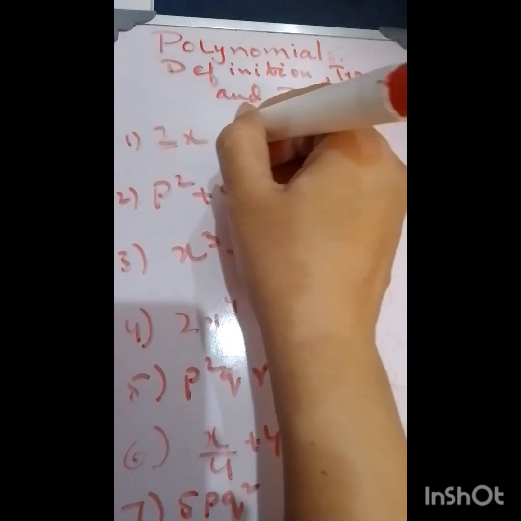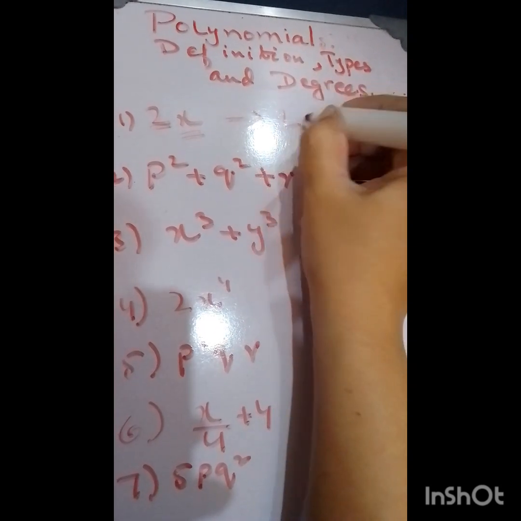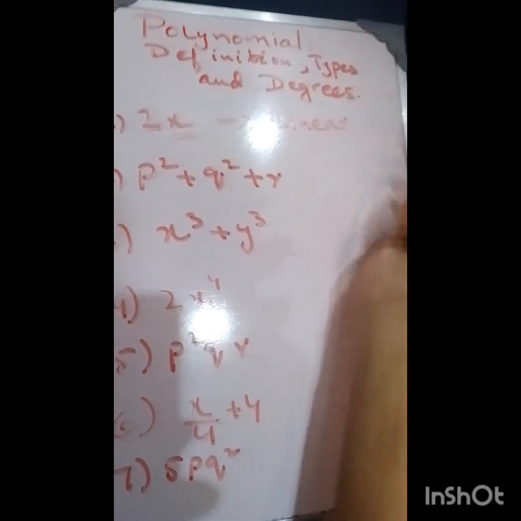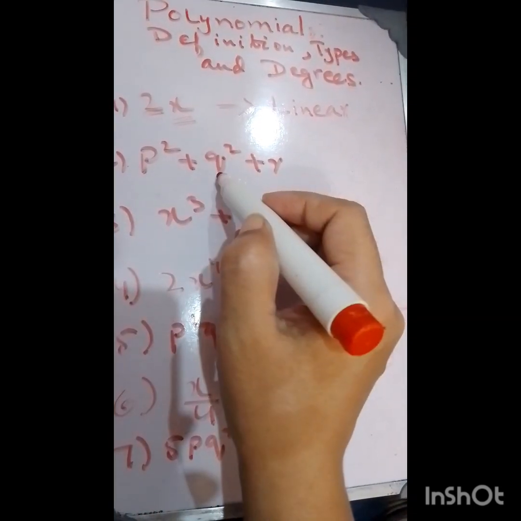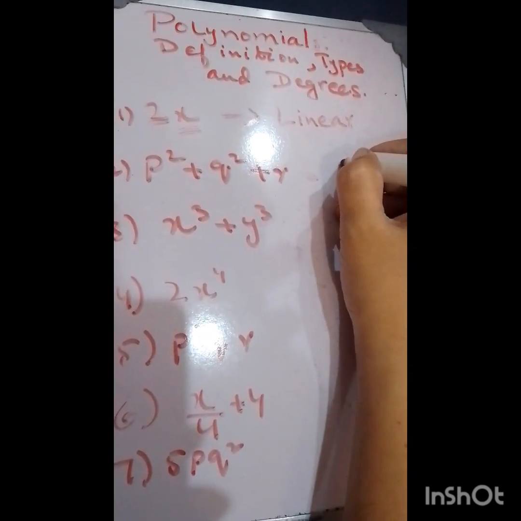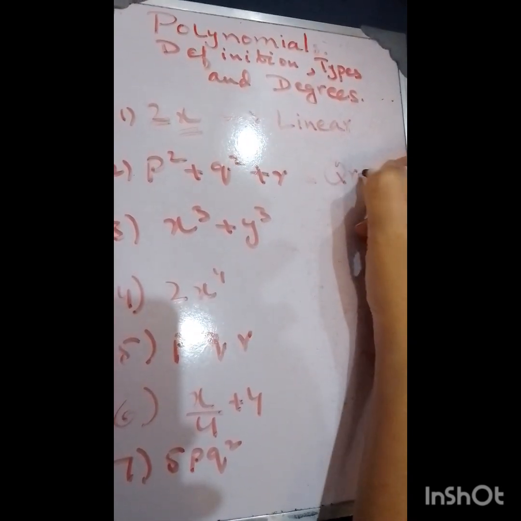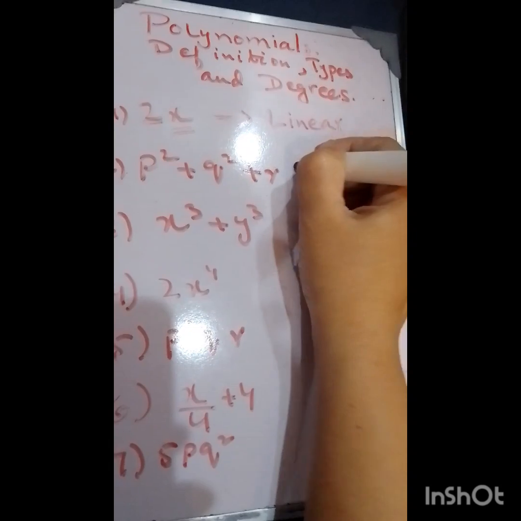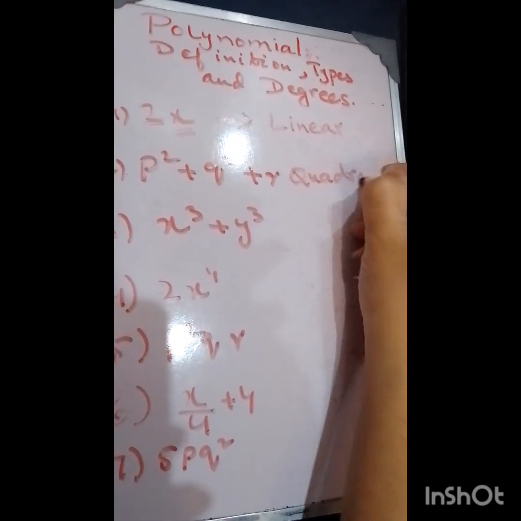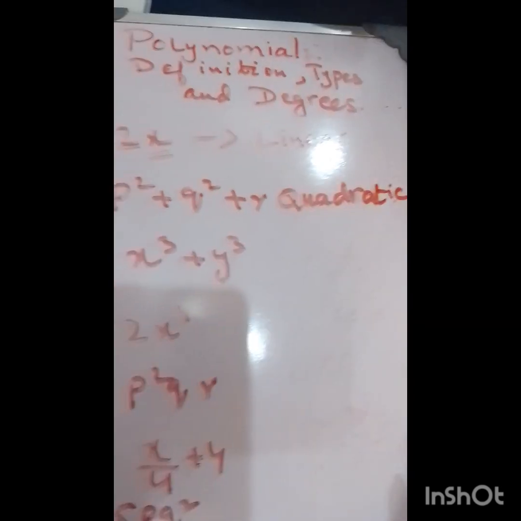The first one, you can see the variable having degree 1, so it will obviously be linear. The second one, you can see it has variables with second degree, another one as well as the second degree, so it will be quadratic.